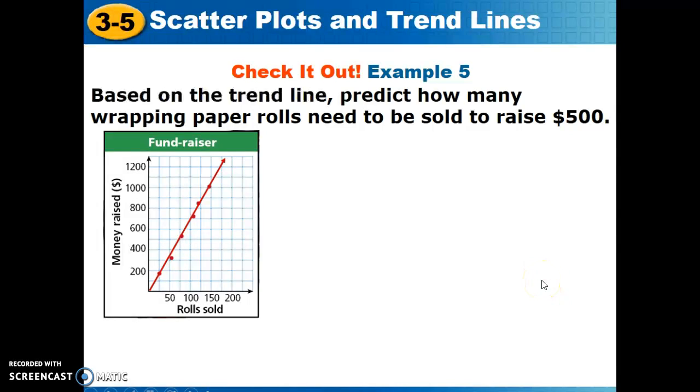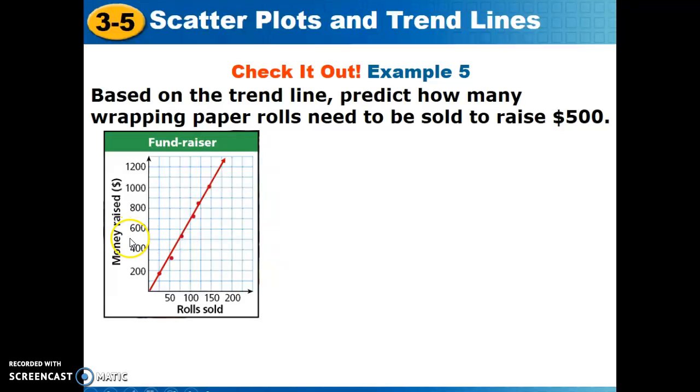You guys try this one. Based on the trend line, predict how many wrapping paper rolls need to be sold to raise $500. So it's a relationship between wrapping paper and money raised. Rolls sold, money raised. So rolls is independent. The money we raise depends on that. We want to make a prediction. We want to raise $500.